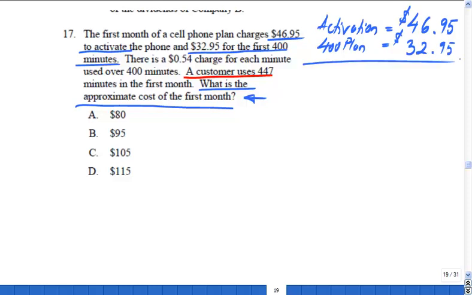All right. So this is what this customer has to pay for the 400 minutes. So if he uses the 400 minutes in this month and he activates the phone, this will be the total cost.